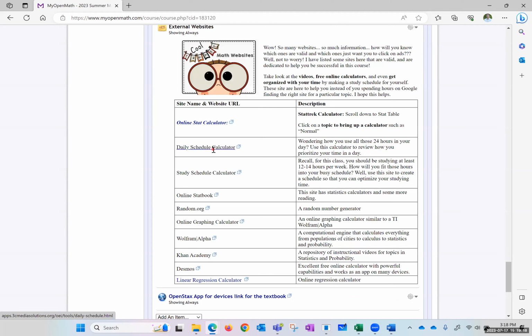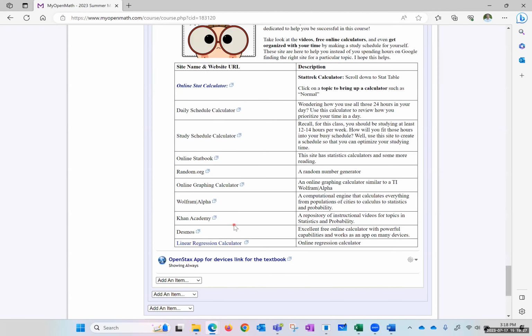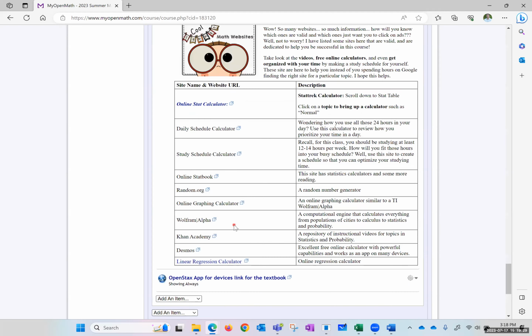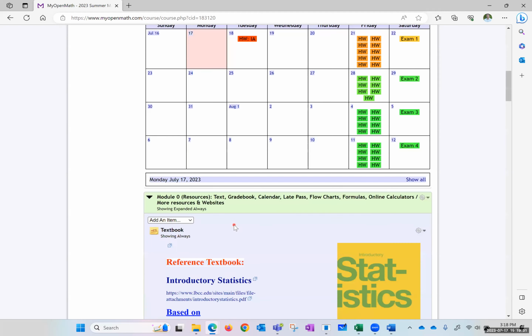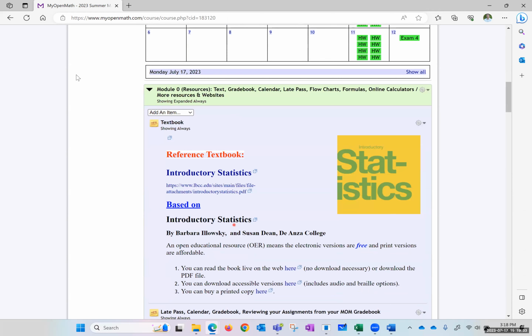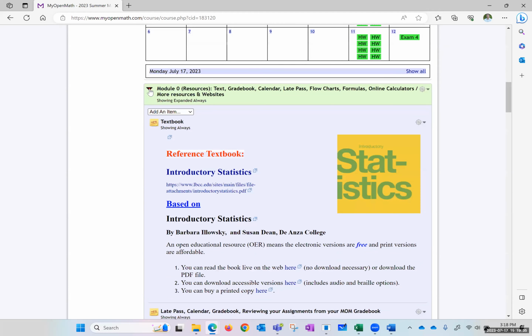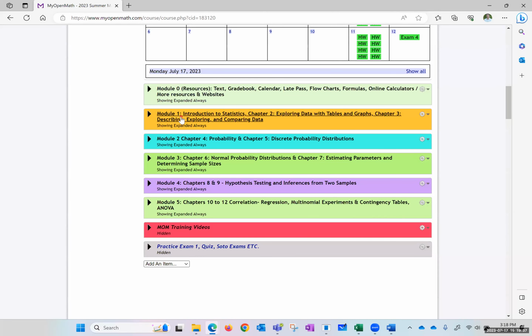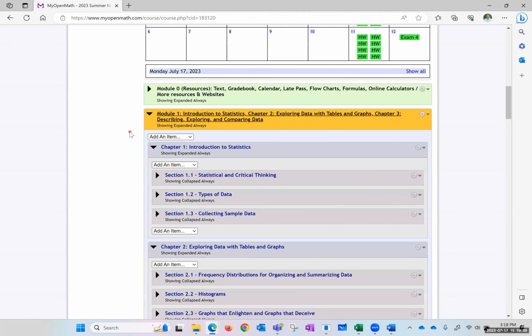Online stat calculator, daily schedule calculation, study schedule calculator, online stat book, random.org. We have so many resources here, it's unbelievable. I would suggest you take a few minutes, take a look at the resources, and if you don't need any of them, you don't. But for now, we are concentrating on the first module.